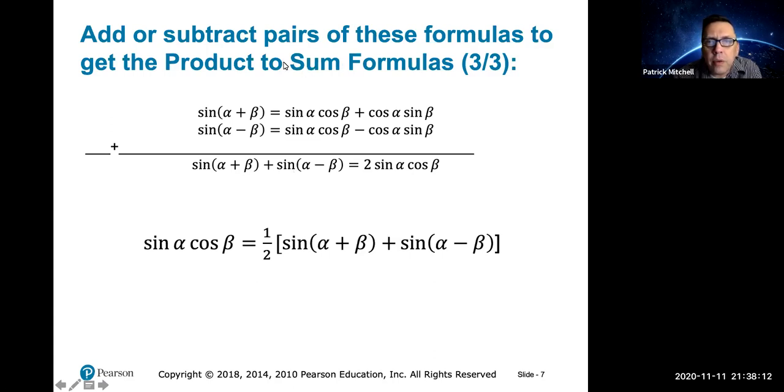And what's going to cancel this time are these two terms. So on the right side, I'm going to have 2 sine alpha cosine beta. When I multiply both sides by 1/2, I get sine alpha cosine beta is equal to 1/2 times the sum of sine alpha plus beta and sine alpha minus beta.